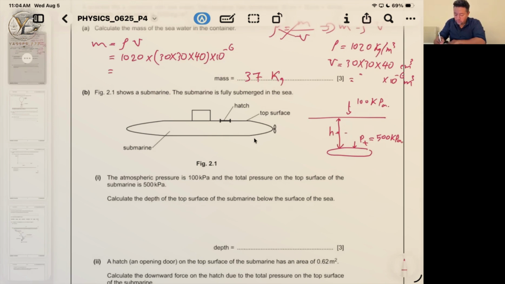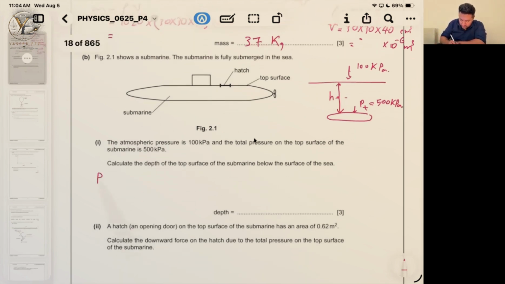The pressure from the water, because we are going to find the depth, and we know the equation P equals rho g h. If we rearrange it to find the depth, it will be the pressure over rho times g. What is the pressure? The water pressure is 400 kilopascals, kilo being 10 to the power of 3. I'm going to convert it to pascals for the depth to be in meters.